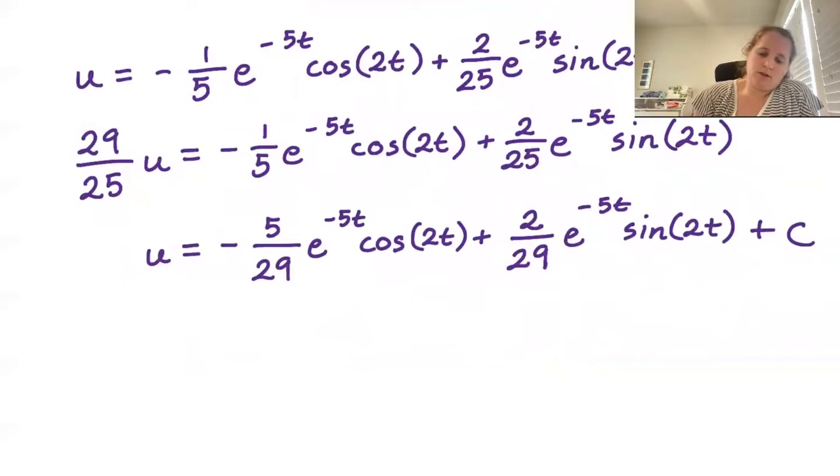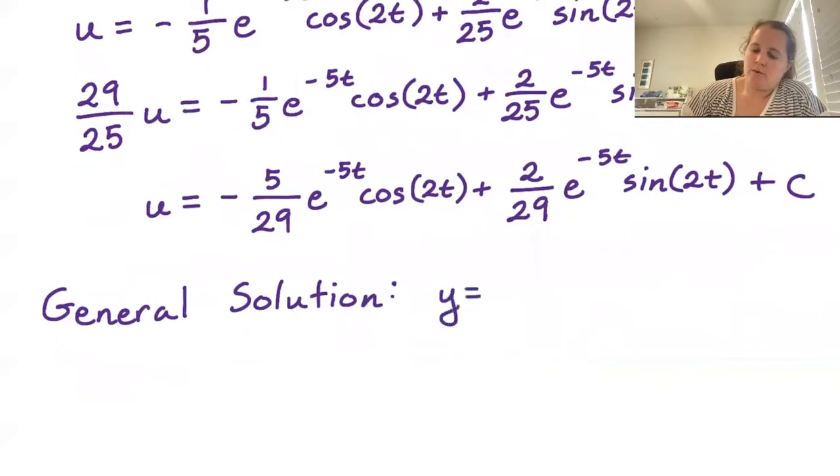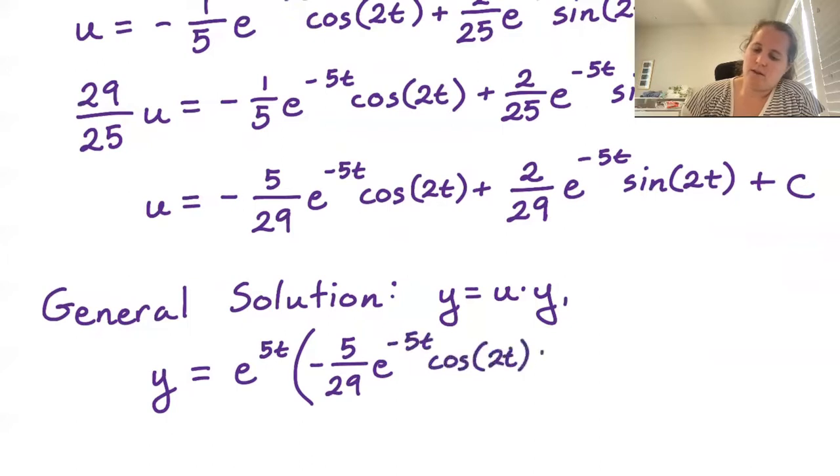So our general solution is y is equal to u times y1. So we have y is equal to, our y1 was e to the 5t. Then we are going to multiply by our u, so negative 5/29 e to the negative 5t cosine of 2t plus 2/29 e to the negative 5t sine of 2t plus c.